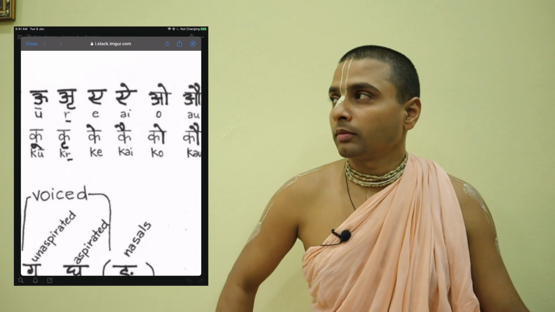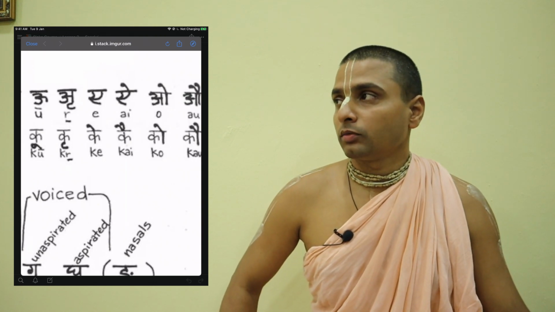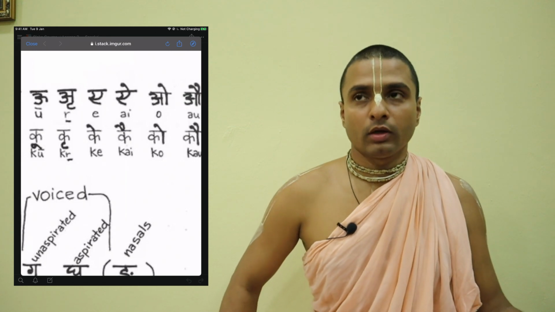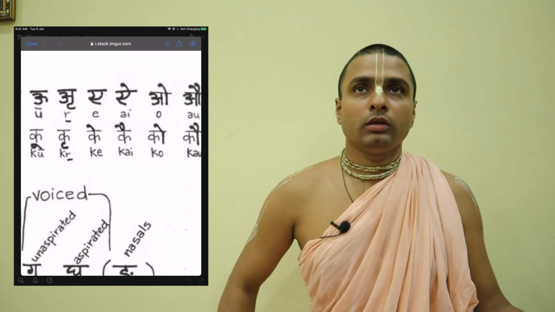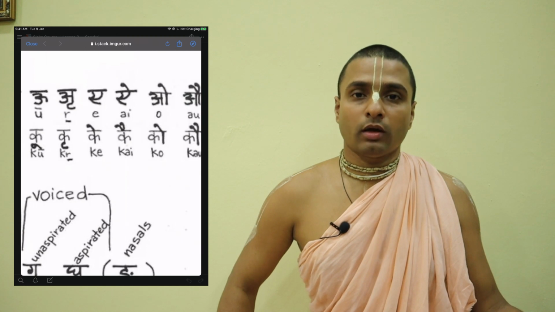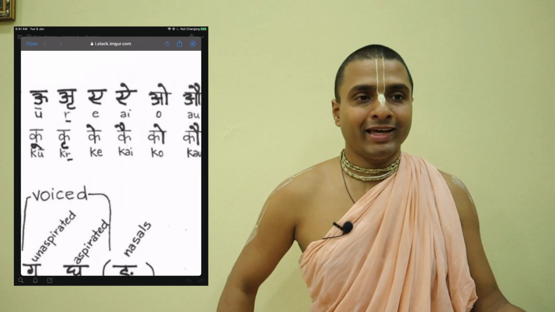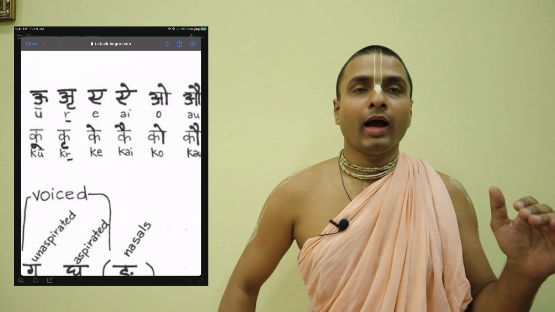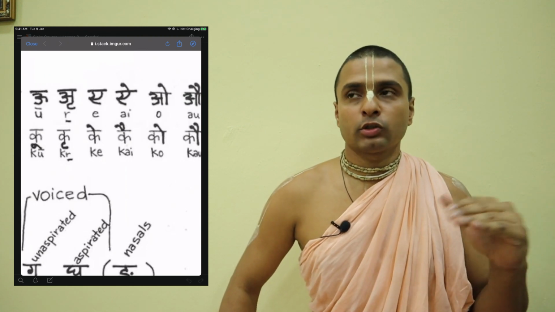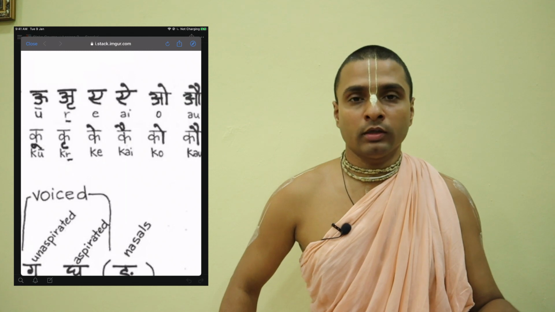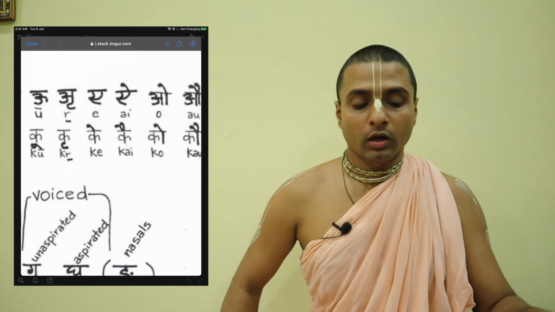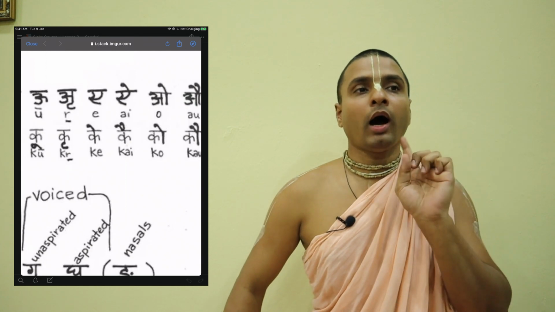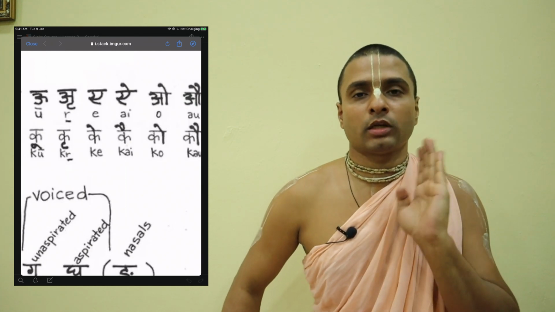For example, Aishwarya. Sometimes in Hindi they may pronounce it with a short a instead of the full transition. In Sanskrit that is considered a mistake. In Sanskrit it's Aishwarya, I. So the whole transition.